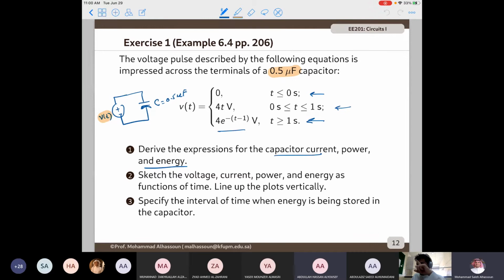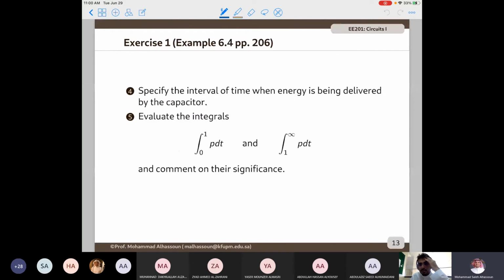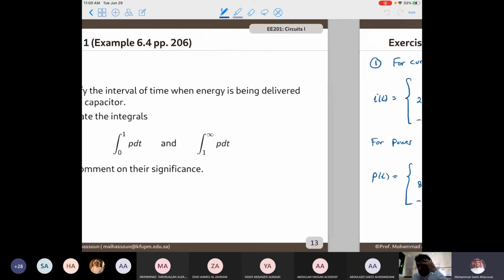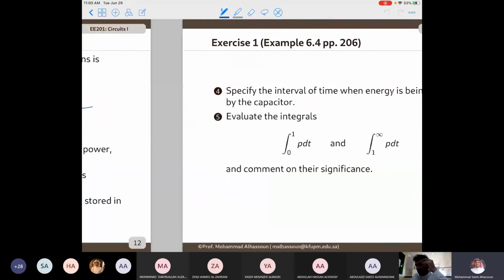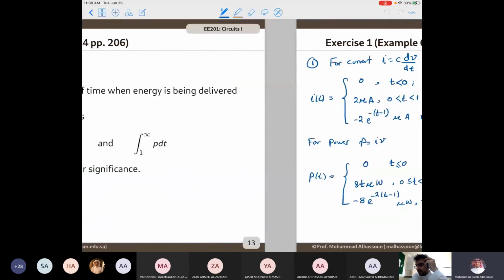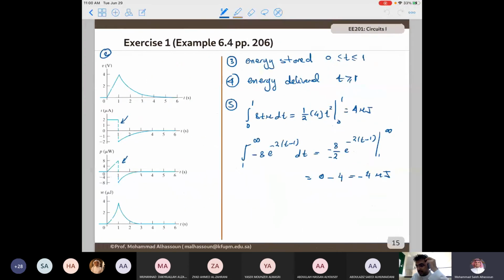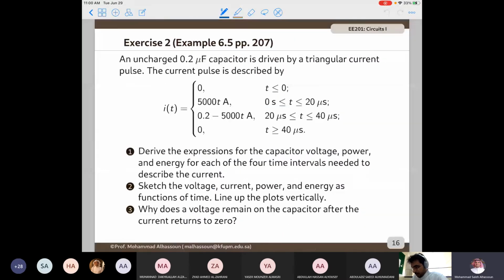So if you plot the voltage source, it's something like this. What's driving the circuit is the voltage source, and you can see the energy is following the voltage source. Okay, good.